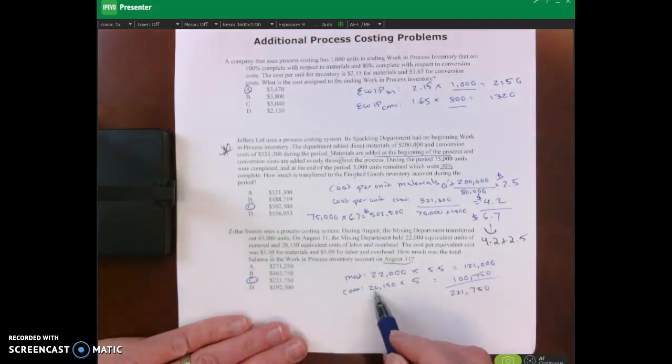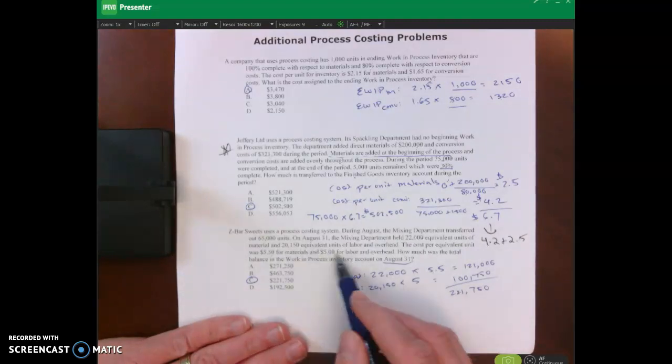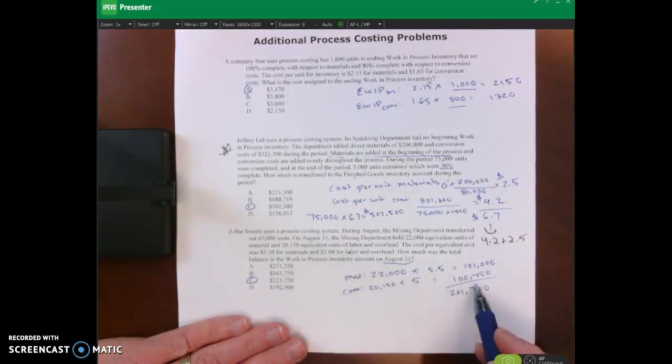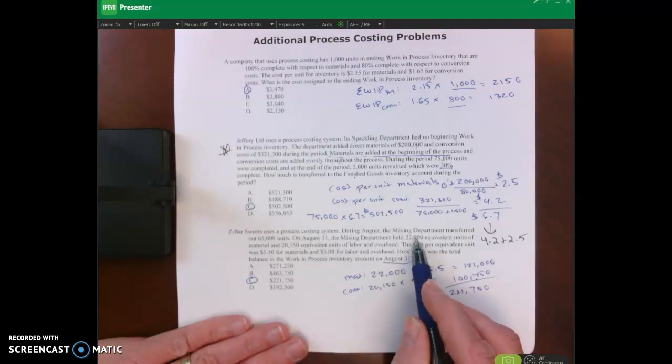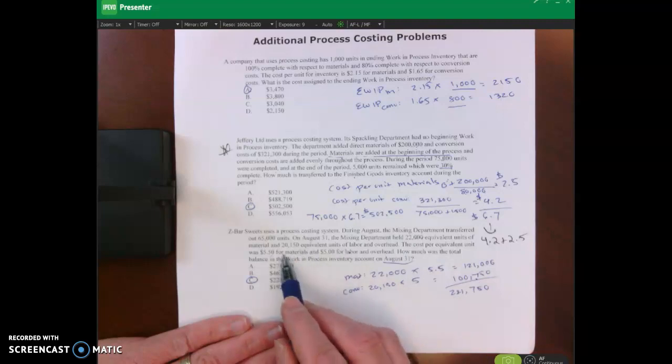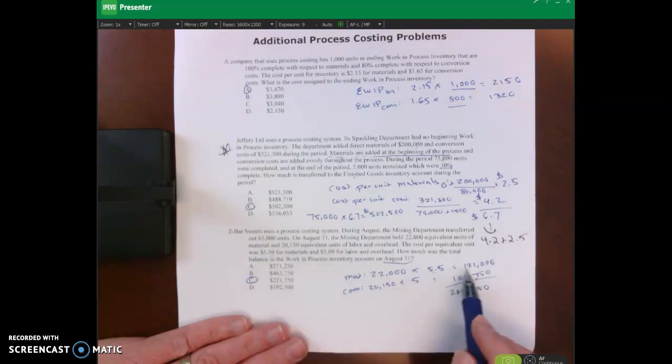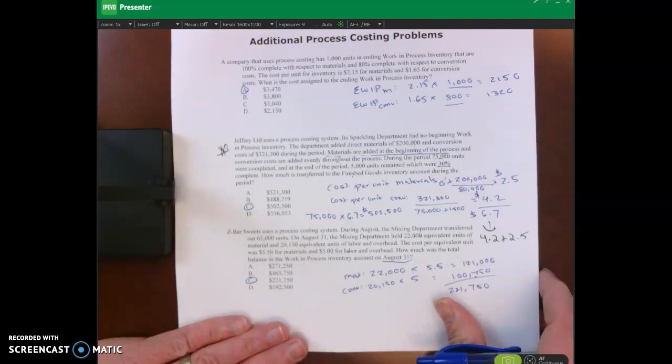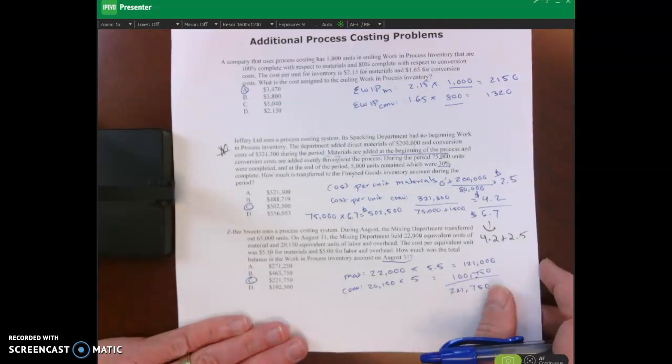So all you have to do is multiply the 20,150 times the 5, which is the cost per unit for conversion. Gives you the ending WIP with respect to conversion. 22,000 times 5.50 is ending WIP with respect to materials. Add those two together, 221,750 is the right answer, which is the total value of ending WIP.